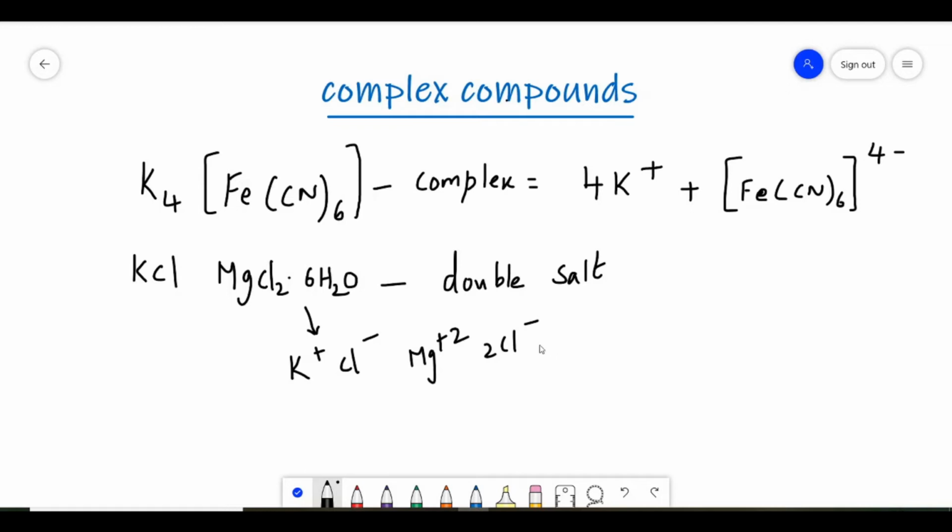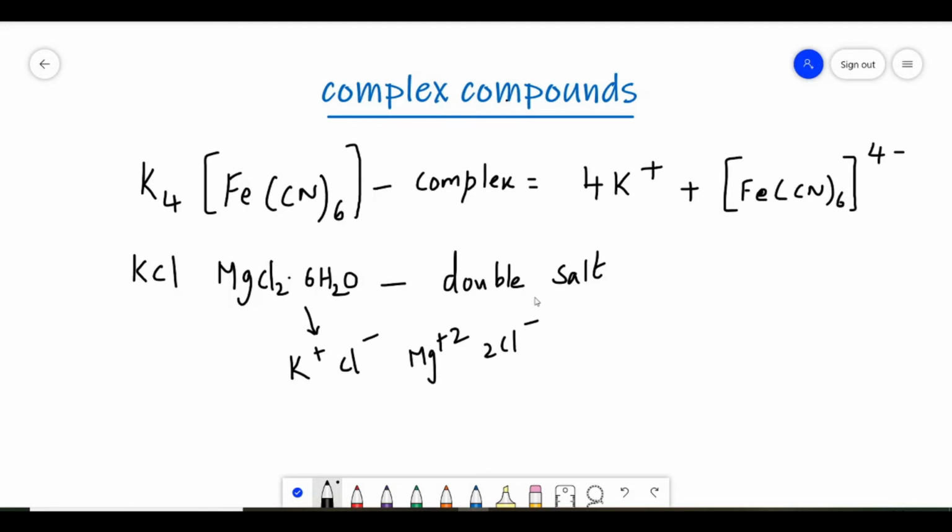Whereas here, this [Fe(CN)6] is not getting ionized, and if you perform any test for the iron, this complex compound will not respond to the test of the iron. Why? Because the Fe and the cyanide are not getting ionized, so they do not give any positive test for these elements.